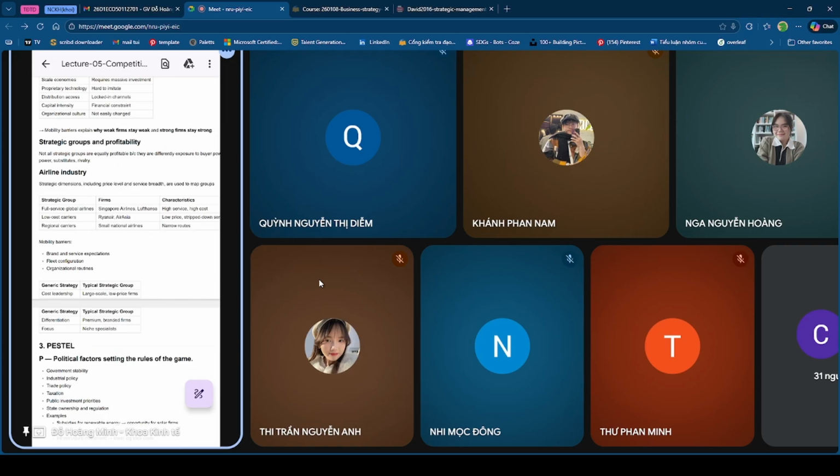So they decided to jump into the group of low cost carriers. They create a new brand of airline. That is a way to go into the group of the low cost carrier.